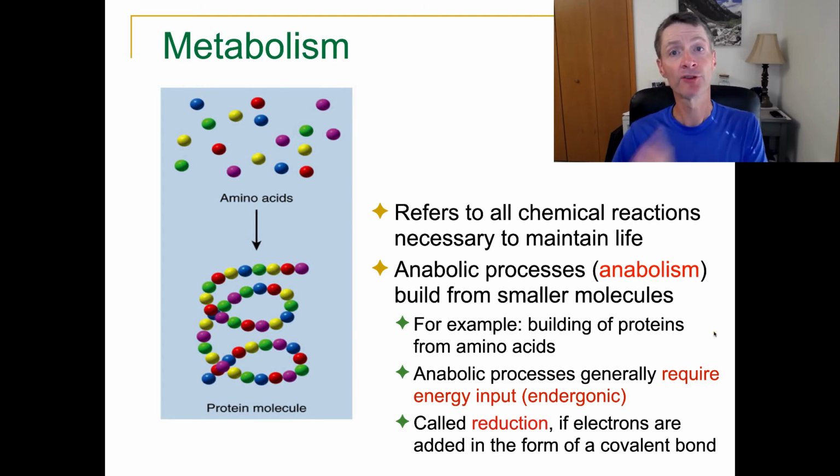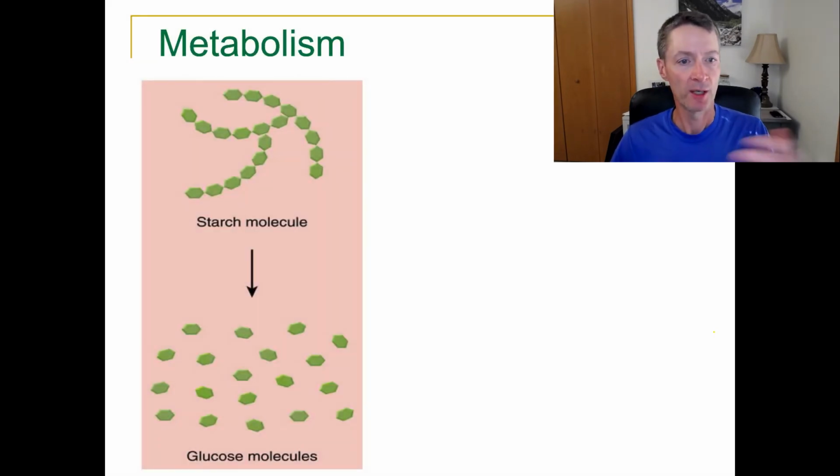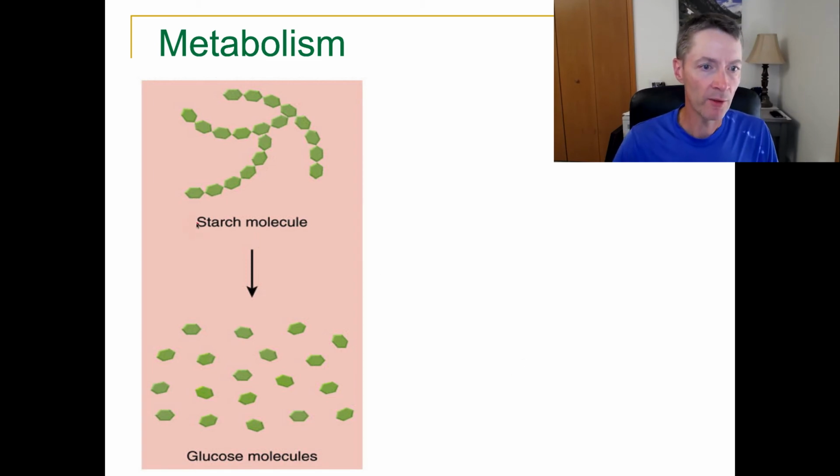All right, now let's look at the flip side of metabolism, where we're talking about breaking down molecules. All right, so here we have a complex carbohydrate in the form of a starch molecule. You may recall that starch is made by plants like potatoes, for example, and there is a covalent bond existing between glucose molecules here.